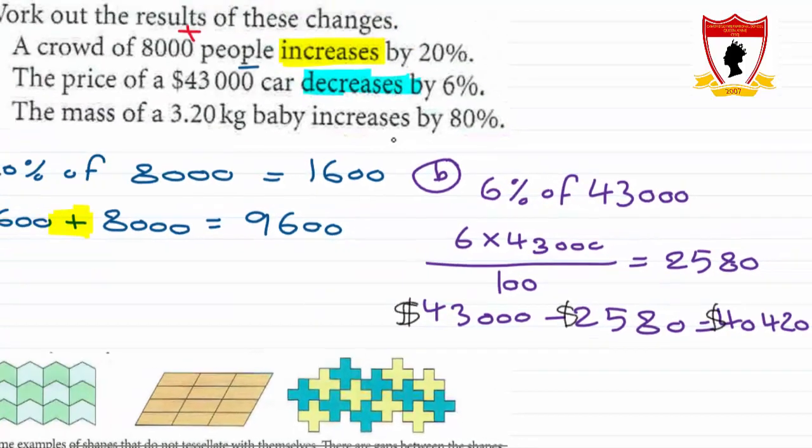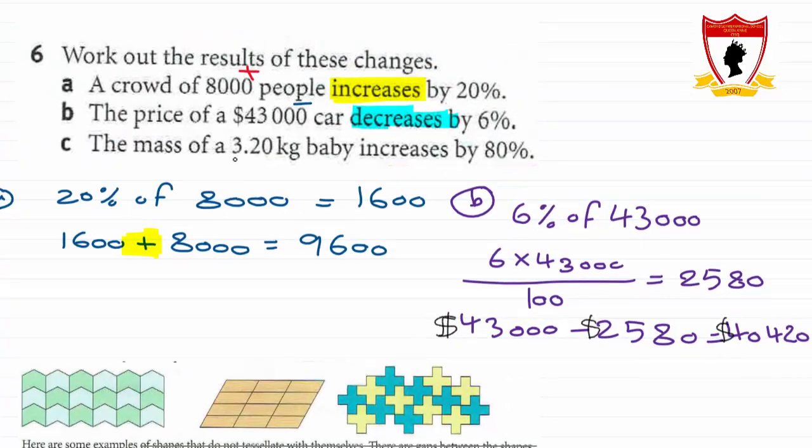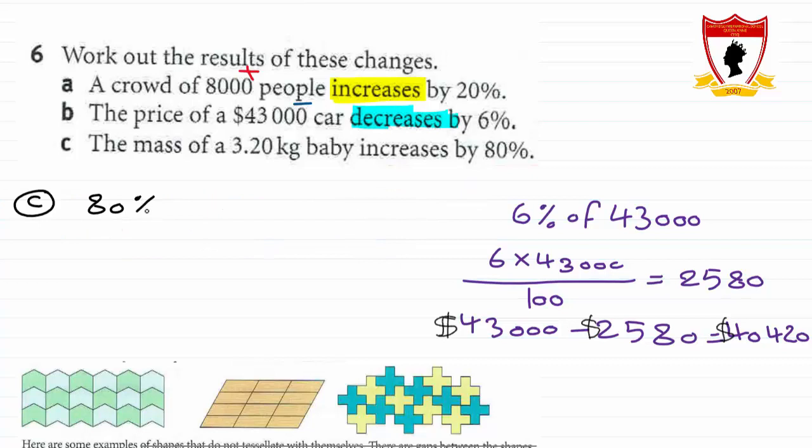Part C, the mass of a 3.20 kilogram baby increases by 80%. 80% of 3.20 is equal to 2.56. The question says increase.